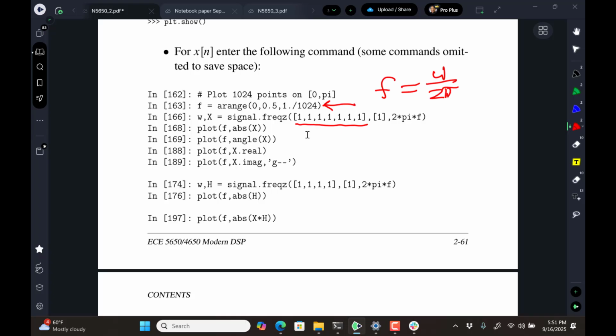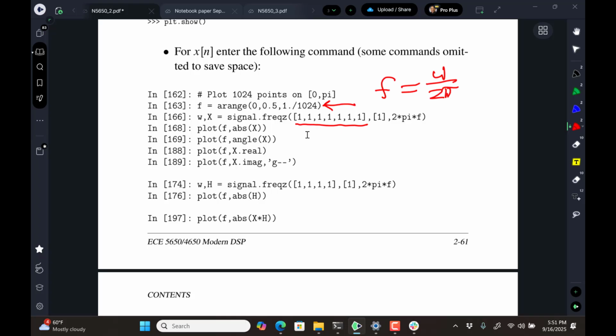When you do that division, you get a number that goes from either minus 1/2 to plus 1/2, or from 0 to 1/2, which to me is a nicer plotting axis than 0 to pi. Does that make sense?